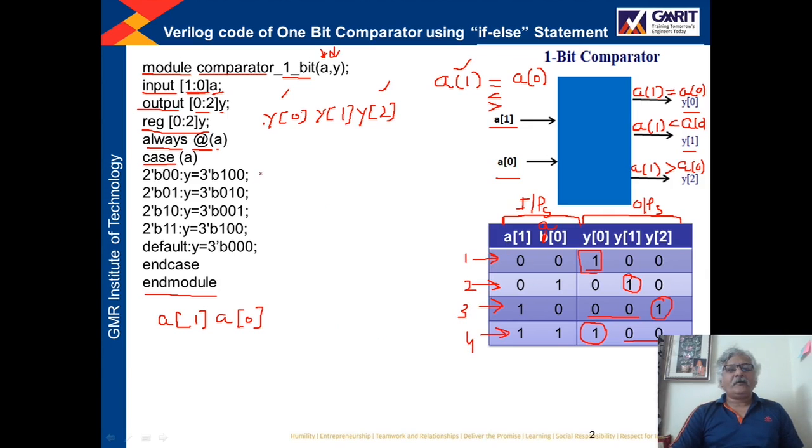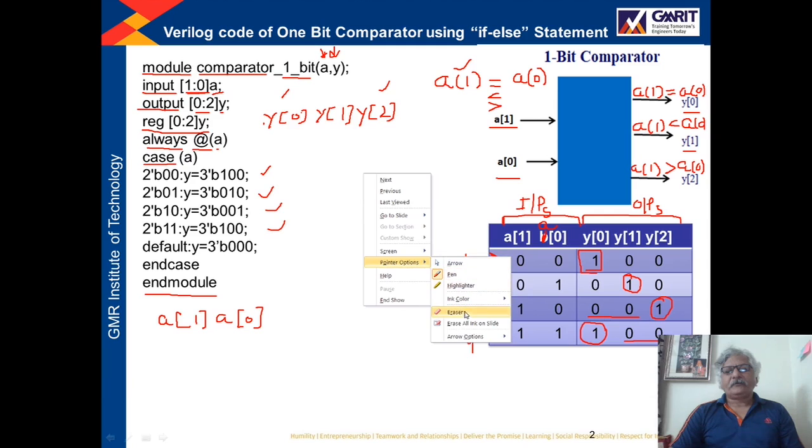That's why there are 4 statements, 1, 2, 3, 4. And in the last I am using the default condition also because we know that in Verilog we have a multi-value system, right? So to cover all unassigned values in the various arms of the case statement, if those values are there, then the default statement will be executed.